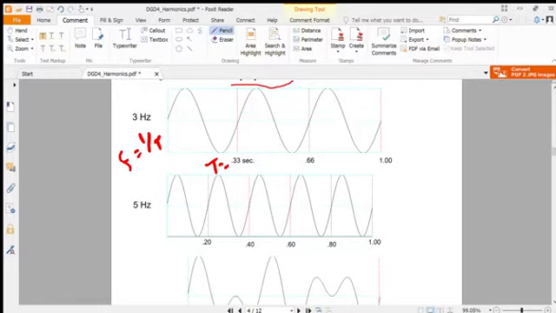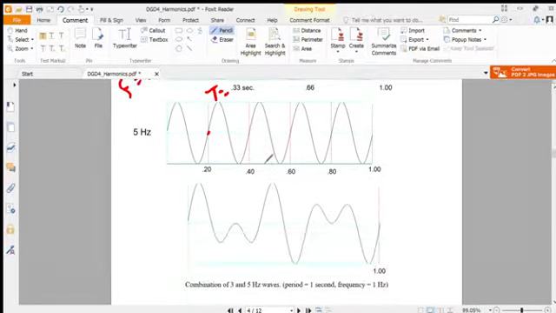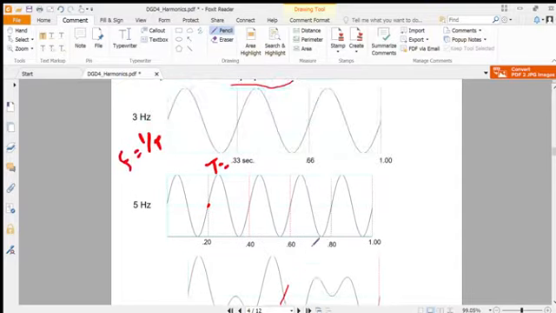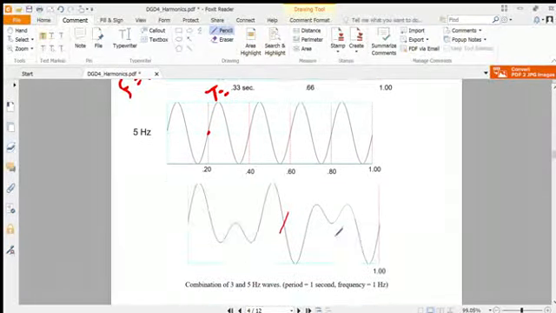Here the first period is 1/5, so the frequency is 5 hertz. And if we add these two, then we get this one. Here we see this is the first half cycle and this is the second half cycle. It just repeats the second one. So it's a complex periodic wave. This is the harmonically distorted waveform. Here the period is 1, so the frequency is 1 hertz. So the combination of 3 and 5 will give this one.